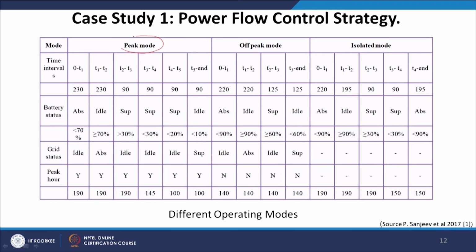By sensing different SOC points, one can easily allow the battery to charge or discharge, and similarly the PV and other connected devices such as supercapacitors. We have seen that different operating modes have been considered. One could be the peak mode of operation, the other the off peak mode of operation, and then finally the isolated mode of operation.